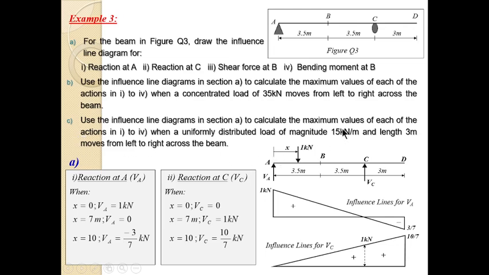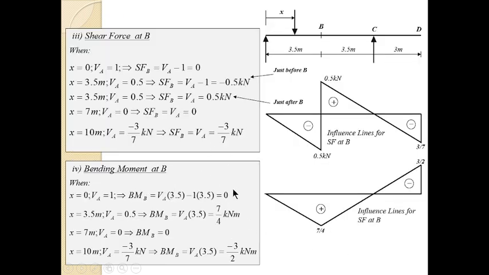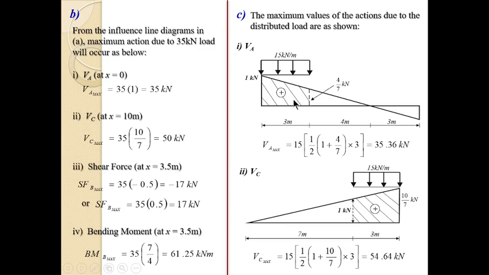So a UDL of 15 kilonewton per meter and length 3 meter is moving across the beam from left to right. You are asked at what position of the UDL you have maximum reaction at A, at what position you have maximum reaction at C, and then shear force and bending moment. So that is what we are going to do here.